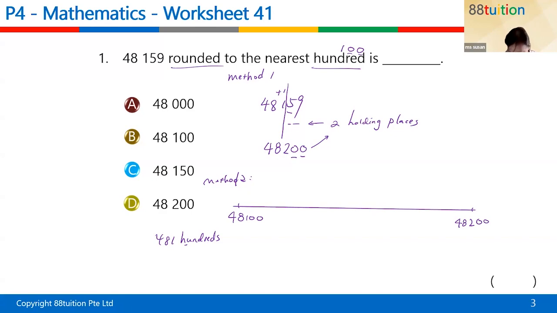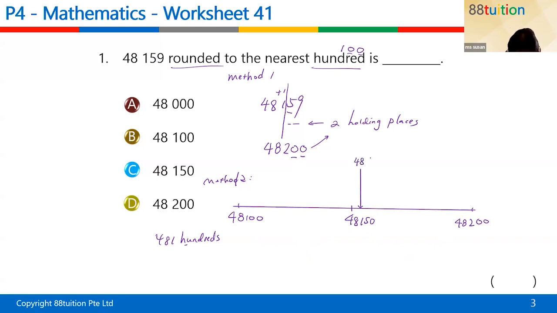Now, I always want to find out what is in the middle. 48,150. So you can see what is the difference? 50 and 50, because 100 can divide by 2. Following next will be finding out where 48,159 will be. It will be somewhere here.